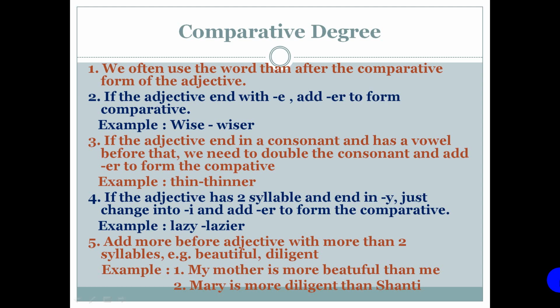If the adjective has two syllables and ends in y, just change y into i and add er to form the comparative. For example, lazy becomes lazier. Add more before adjectives with more than two syllables. For example, beautiful, diligent. My mother is more beautiful than me. Mary is more diligent than Santi.